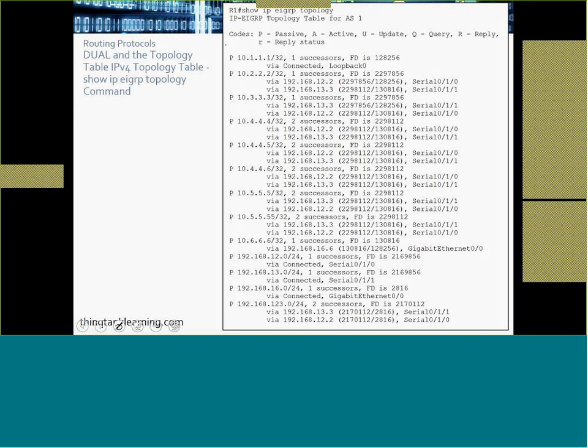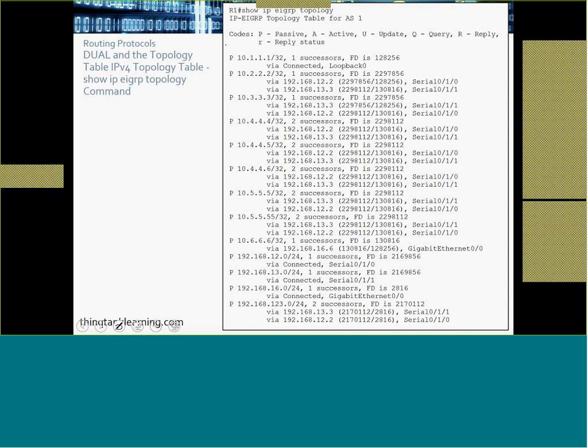We didn't lose a route and now we're trying to figure out where the new route is. Okay? All right? Does it make sense? Awesome.